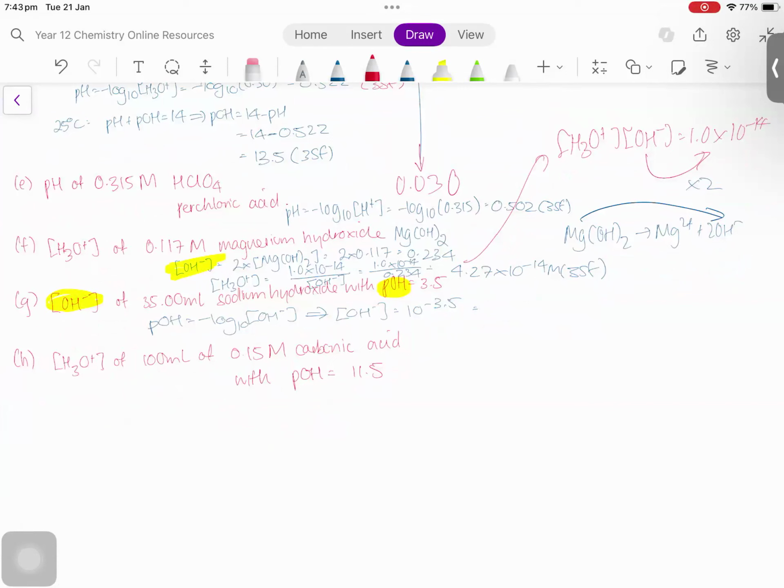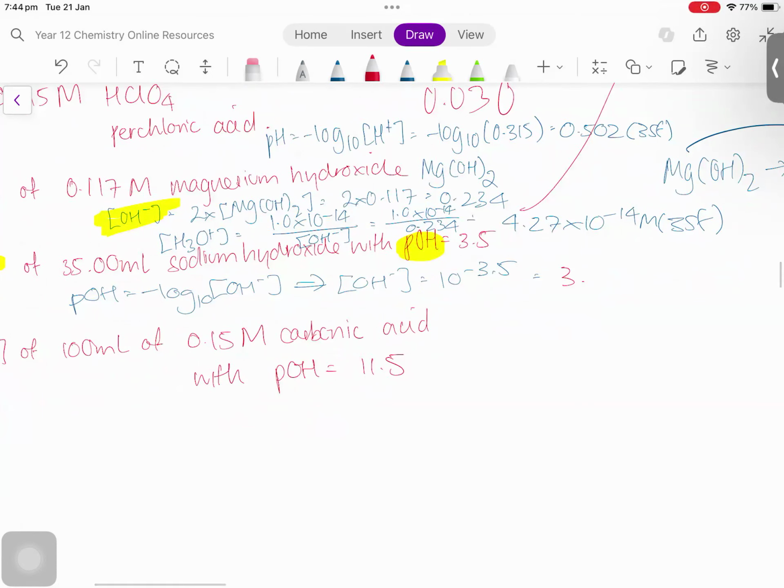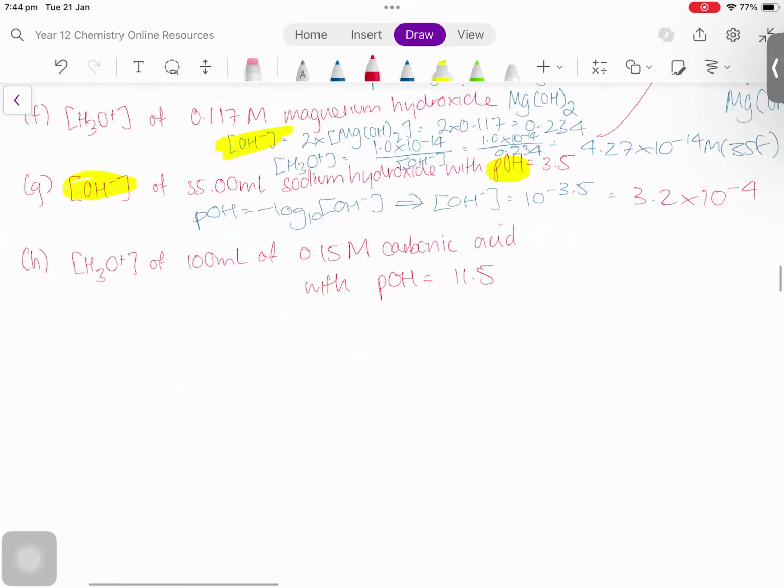Let's do 3.5. That's all good. So for this one, it's just 3.2 times 10 to the minus 4. However, for G, you didn't have to convert pH and pOH because you had something for a base and they've asked for something for a base.